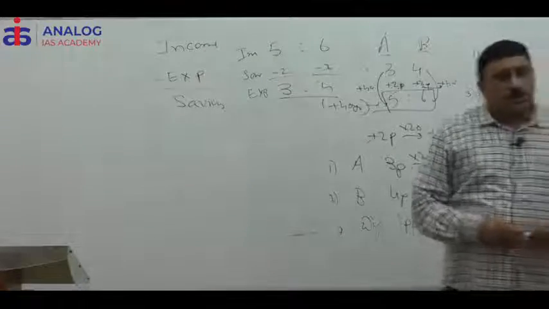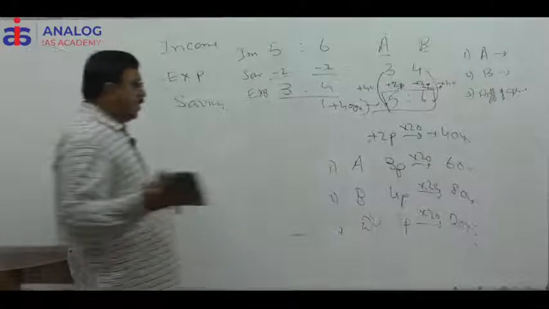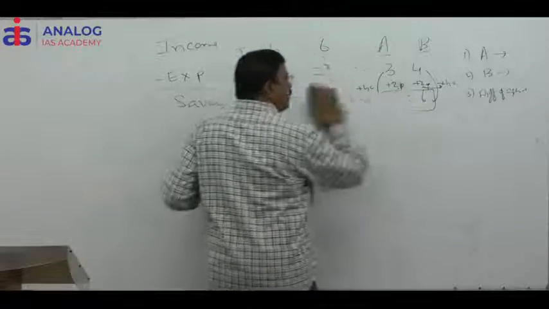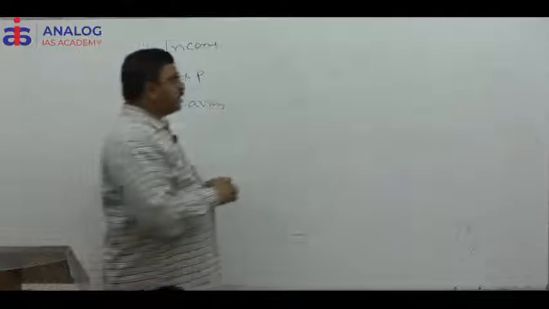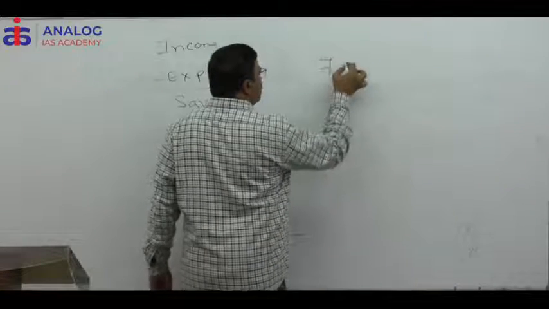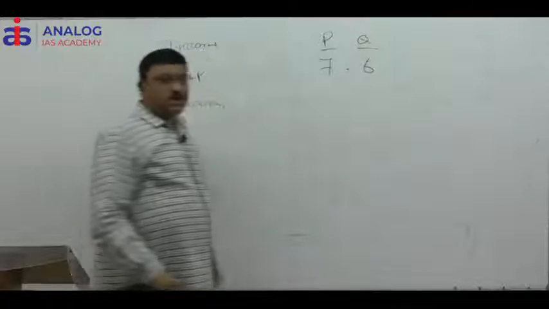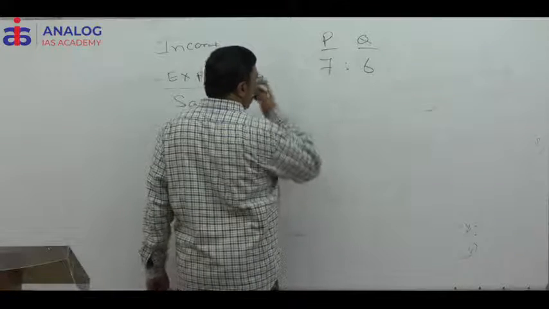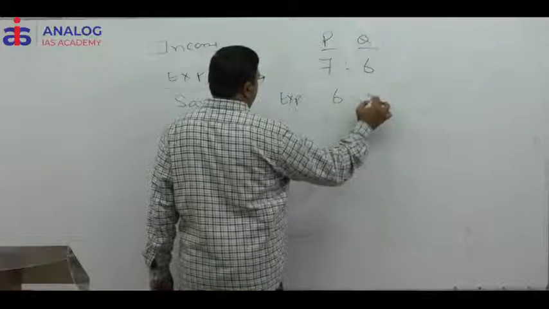The incomes of P and Q are in the ratio 7:6, and their expenditures are in the ratio 6:5.